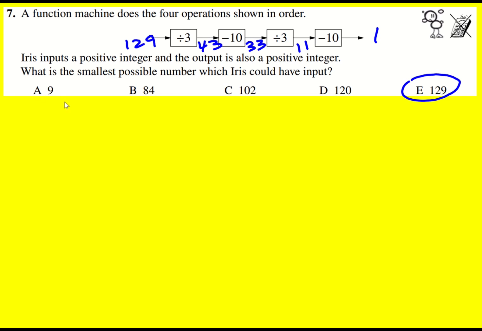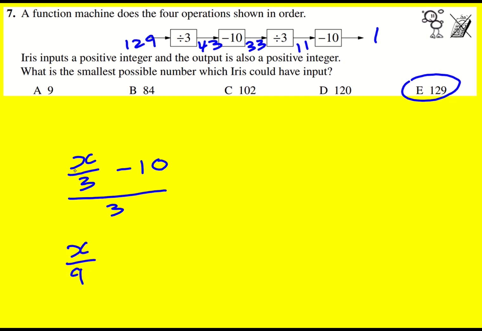The other method is to work purely algebraically and put x into the equation. So if I put x into the function machine and divide it by 3, then I'll get x over 3. If I then minus 10, I'll write that. And then if I divide the whole thing by 3, it's probably better written as x over 9.